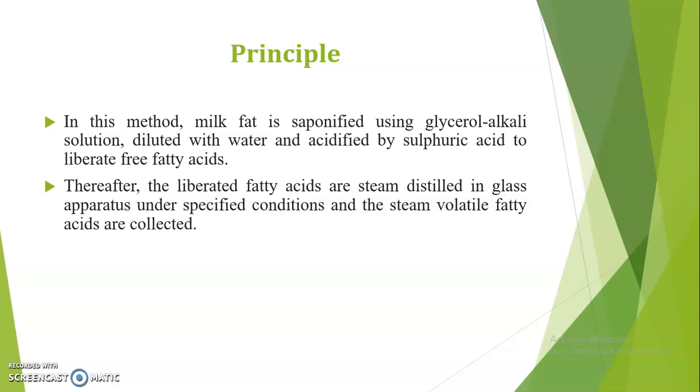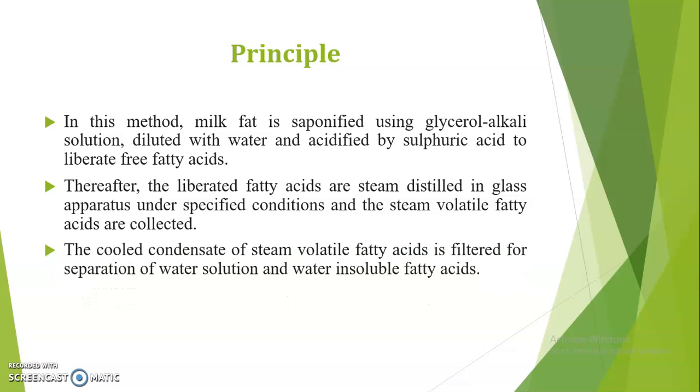So due to the steam distillation, whatever volatile fatty acids are there will be vaporized, and these vaporized free fatty acids are again collected as a distillate, and this distillate is used to carry out the titration with the 0.1 normal KOH. Now the cooled condensate or distillate of steam volatile fatty acids is filtered for separation of water soluble and water insoluble fatty acids.